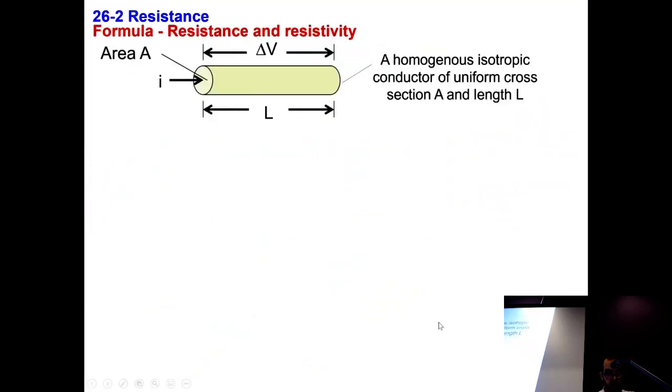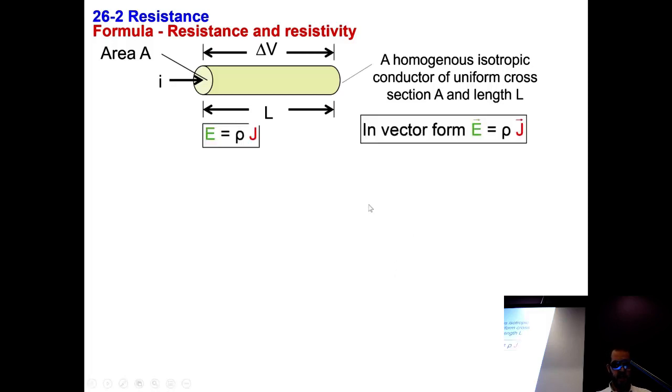So let's determine what is the equation for a resistance. Let's assume we have a conductor with a length L, and we establish a voltage difference delta V across this conductor, and a current I flowing through the conductor.